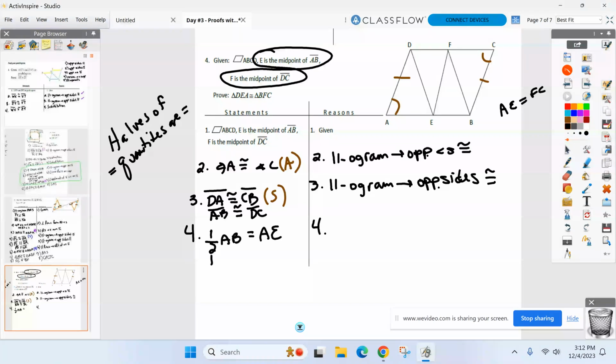And I'm going to do the same thing to DC. I'm going to take half of it. You can call it DF or you can call it FC, but we're only concerned with FC. And the reason's not halves of equal quantities. How do I know I can take half of AB and half of DC? Because I had their midpoints. Definition of a midpoint.